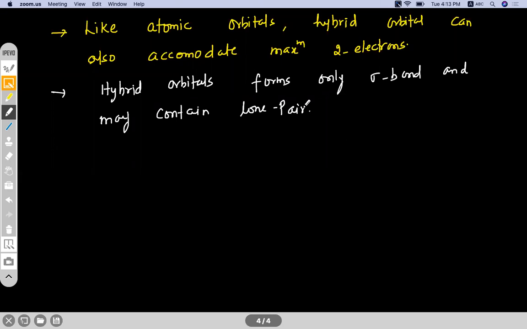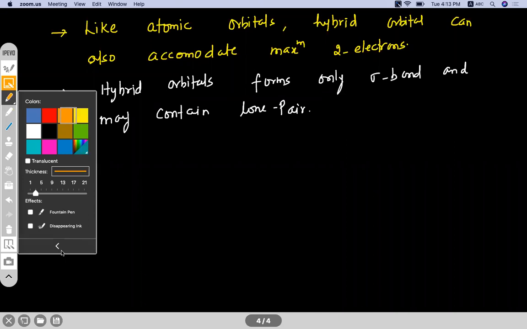If you remember in organic chemistry, we had discussed a bit of hybridization and I told you that we'll see this in the chemical bonding chapter.